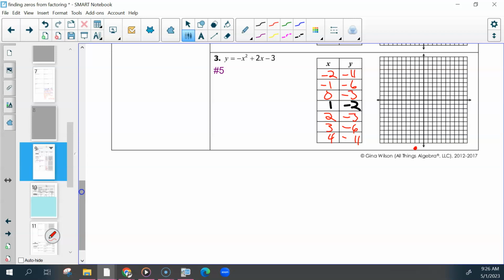You don't have to. Once you have that graph, how many solutions does this one have? Doesn't have any. So none.